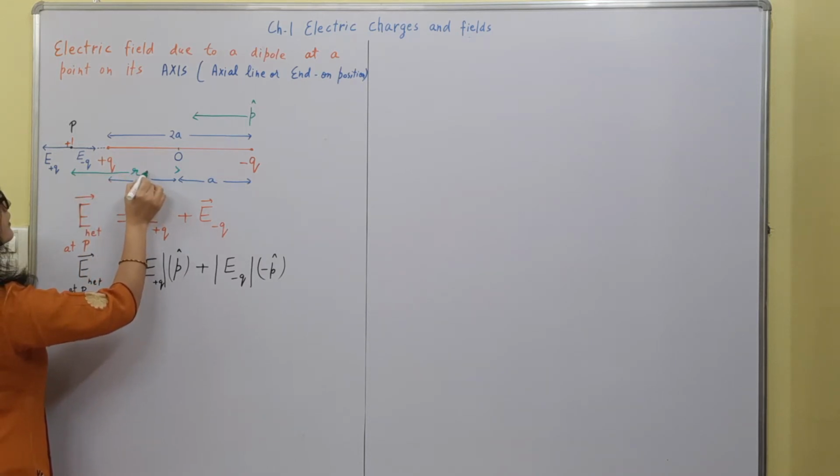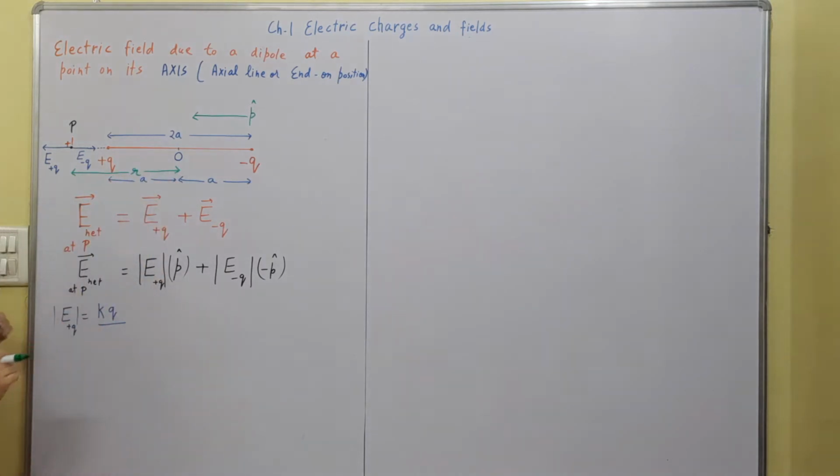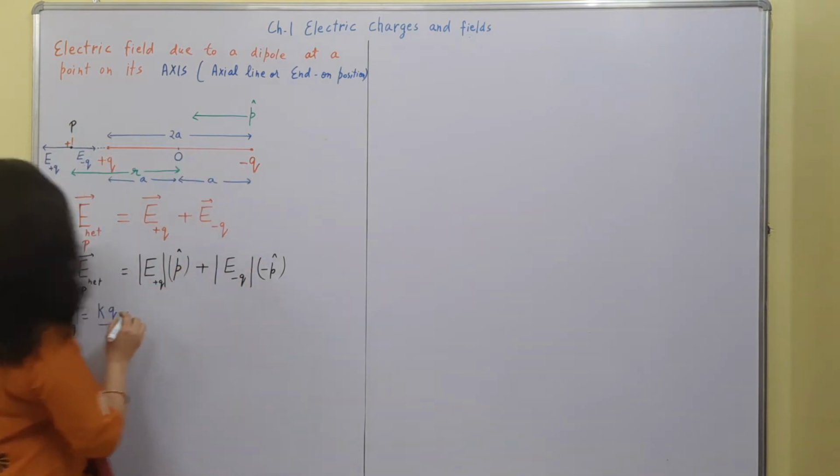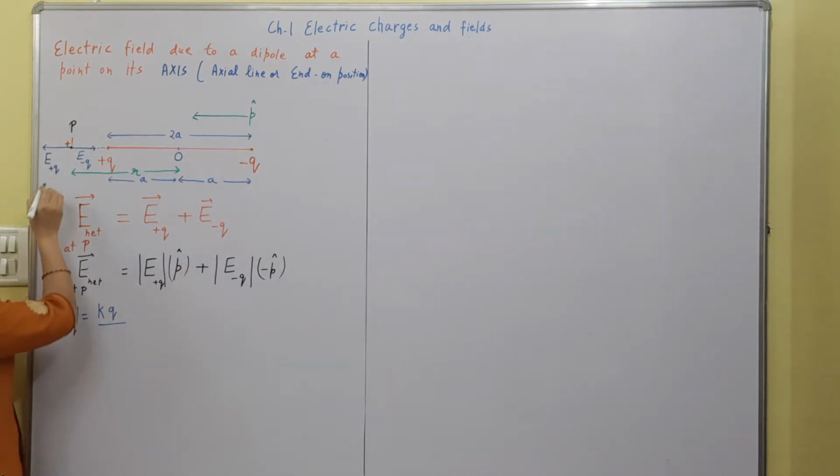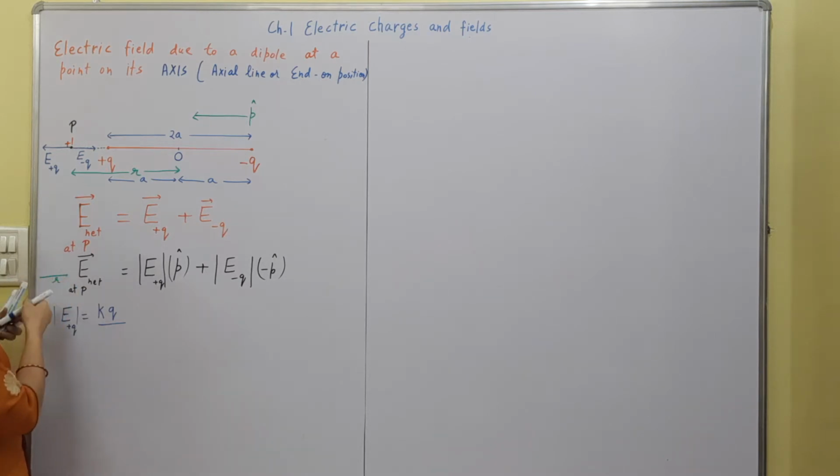as R, then what will be the separation between this and this? Check. If this is R and this is A, what will be this separation?